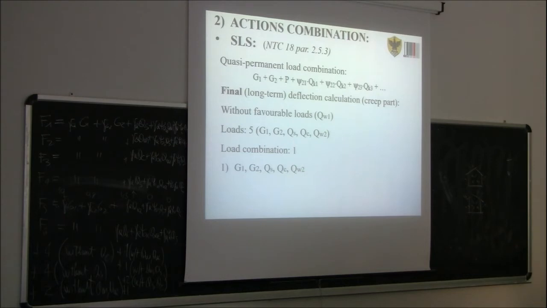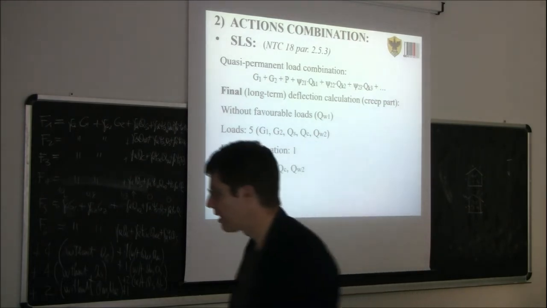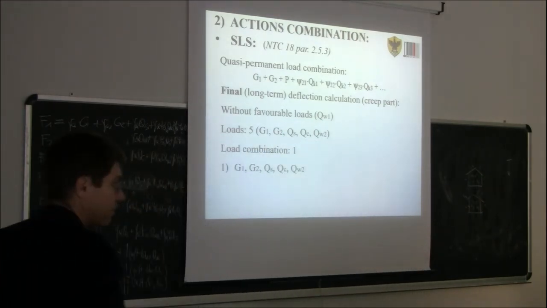So for the time being, this is just an introduction, because of course then we need to make the calculation of this value for the different structural members. In general we will have to follow this principle for the purlins, so for the design of the arcareccio, and also for the design of the truss.